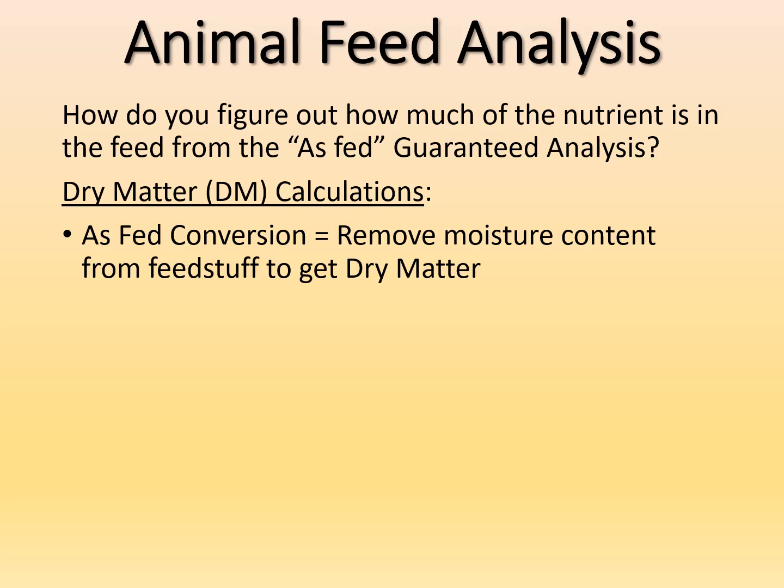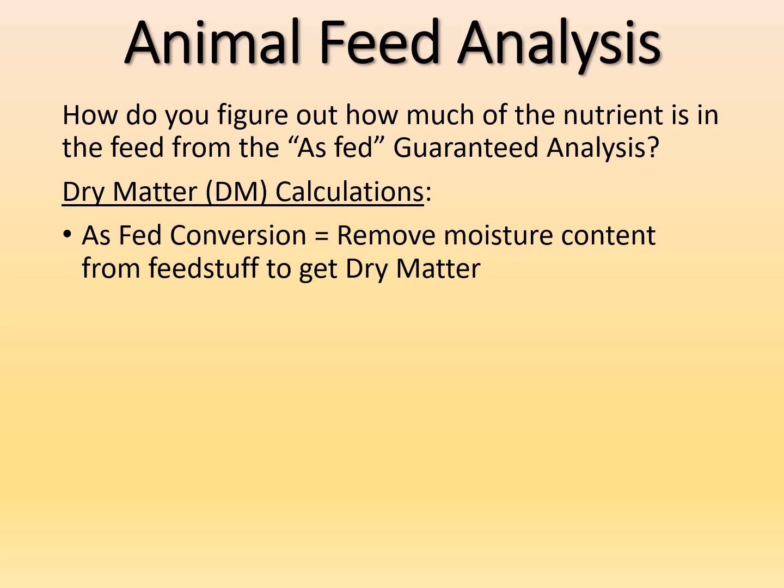We call these dry matter calculations, or as-fed conversions. Essentially we want to compare the diets on a dry matter basis. So what does that mean? Because the guaranteed analysis is as-fed, it has the moisture in it. To convert it to dry matter, you remove the moisture content from the feedstuffs to get that dry matter value.